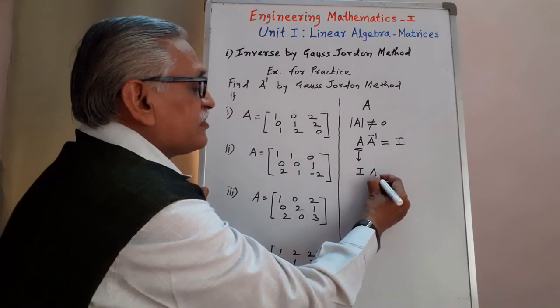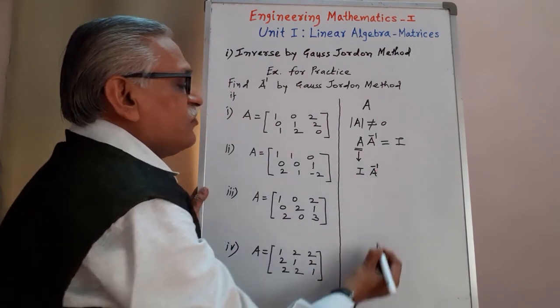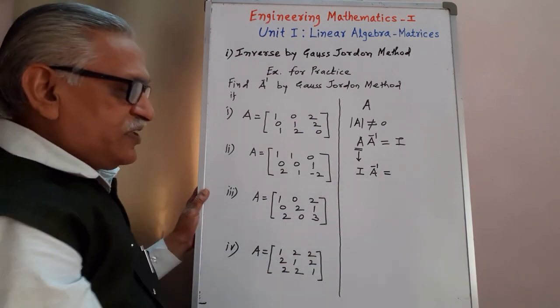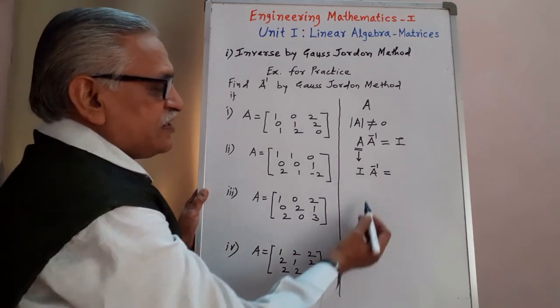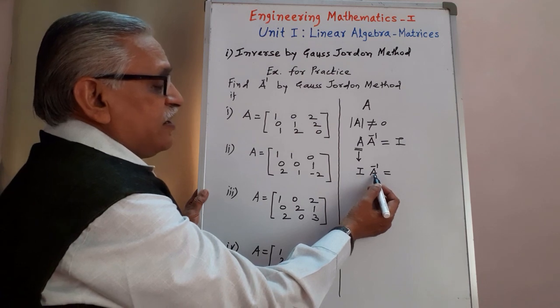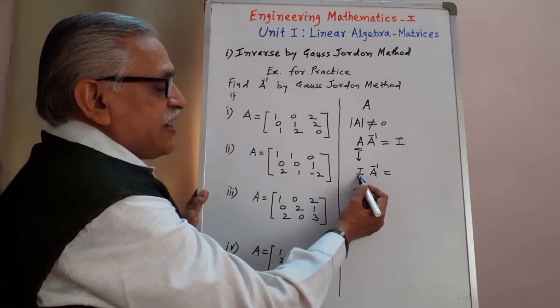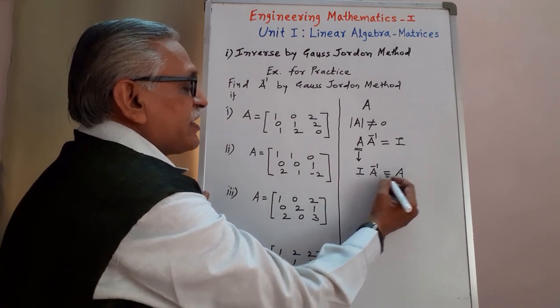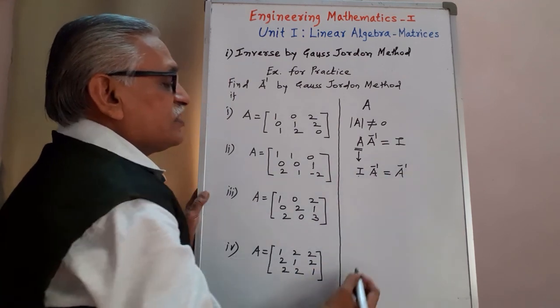Multiply by this A inverse, and then once again we take the help of another property: any matrix multiplied by the identity matrix gives the same matrix, and here that matrix is A inverse.